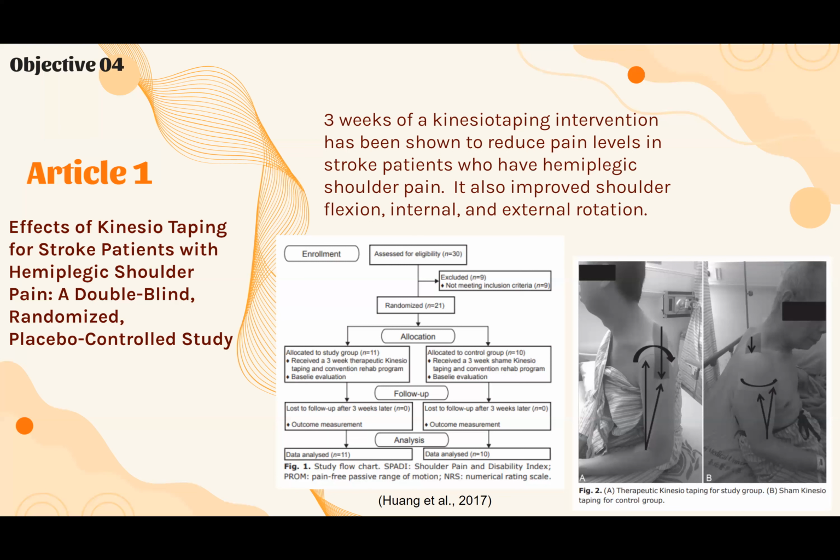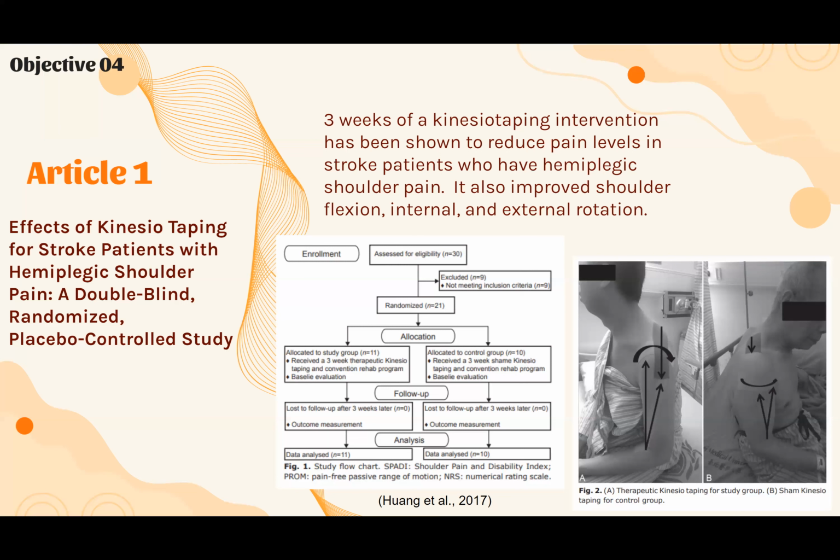A conventional rehabilitation protocol and therapeutic kinesio taping intervention took place over a 3-week period for the experimental group. The experimental group consisted of 11 participants. The control group, consisting of 10 participants, participated in a similar conventional rehabilitation program and sham kinesio taping intervention.